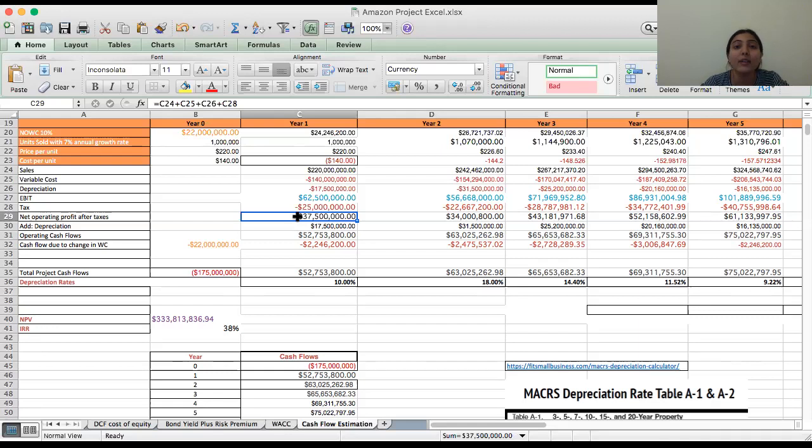I've already got earnings before interest and tax. Now, in order to find the after-tax amount, I have to deduct my tax amount. So in this way, I got my net operating profit after taxes. Now, the next thing is we have to add back the depreciation in order to find the total project cash flows, like the operating cash flows.